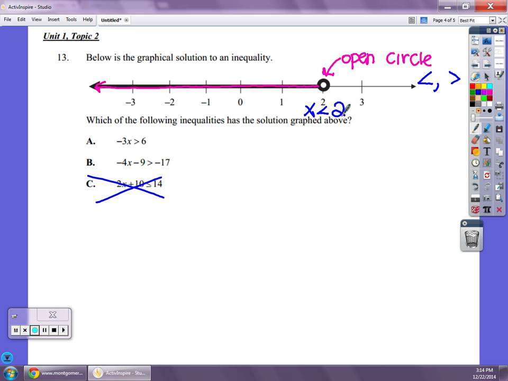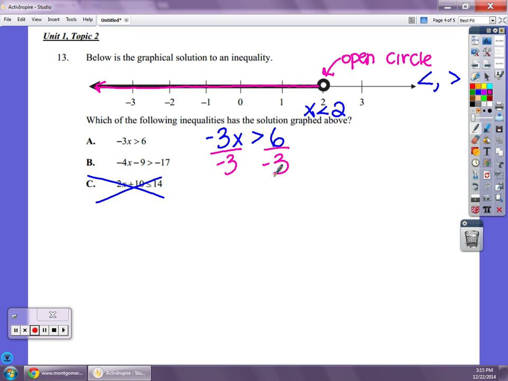Okay. Let's start with A. I have negative 3x is greater than 6. This is a one-step inequality. I need to use the division property of equality to get rid of that negative 3 on both sides.